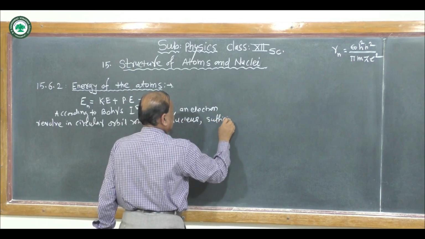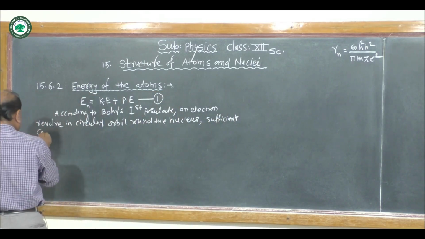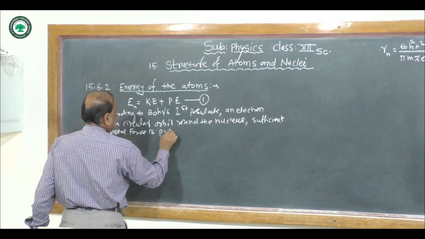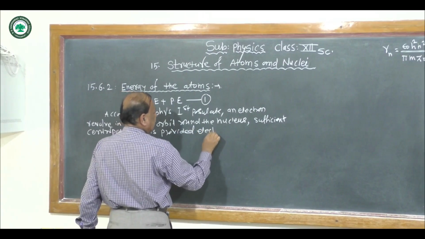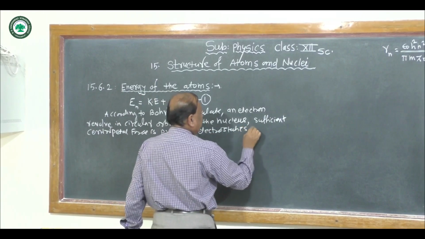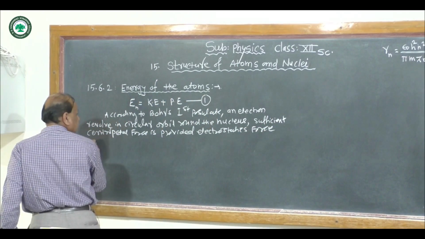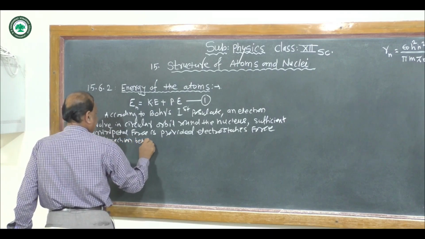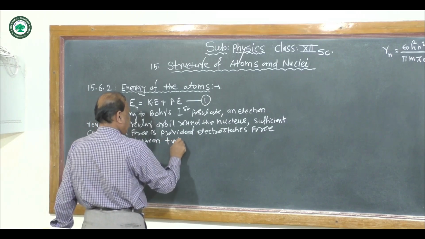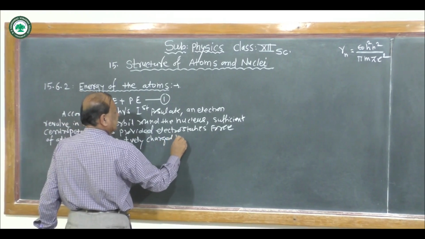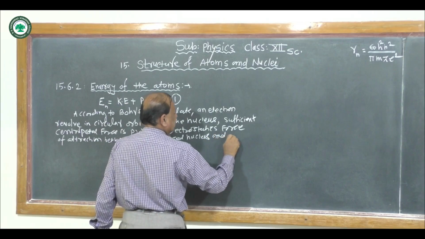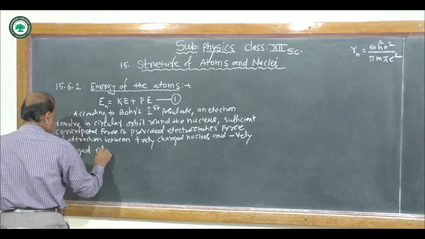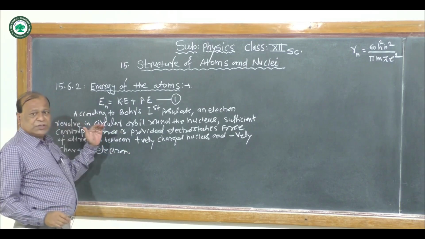The sufficient centripetal force is provided by the electrostatic force of attraction between the positively charged nucleus and the negatively charged electron. This is Bohr's first postulate.